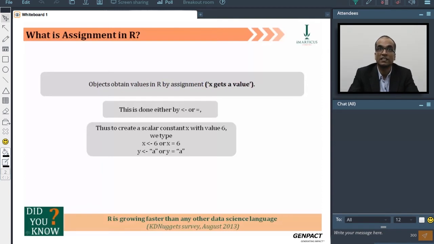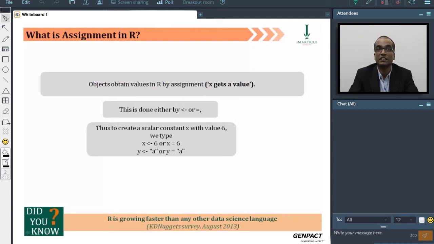So you're assigning some operation value on the right hand side to something on the left hand side. Many R coders or data scientists would use the less than dash symbol because that's how R guys usually write code, and it in fact helps us isolate an assignment operator from the equal to and double equal to operators. Just to avoid confusion, we basically go for the less than dash operator.